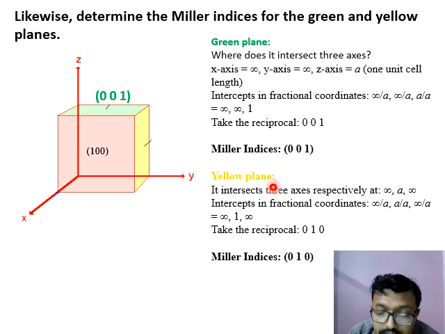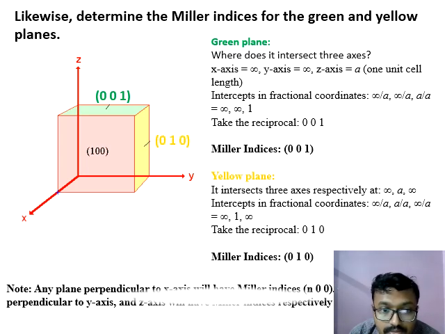If we take the reciprocal, we get 1 by infinity, 1 by 1, and 1 by infinity. So the reciprocal is 0, 1, 0. The yellow plane Miller indices will be 0, 1, 0, right?